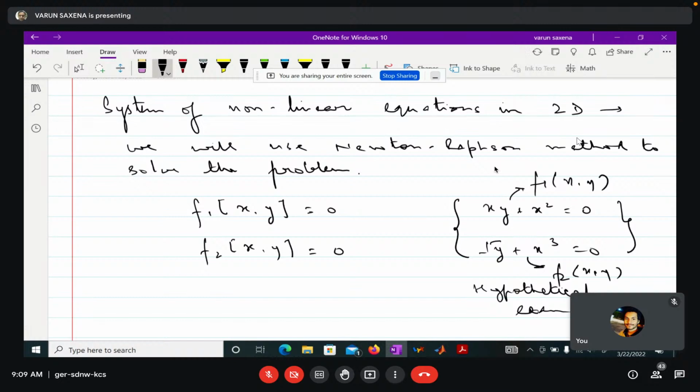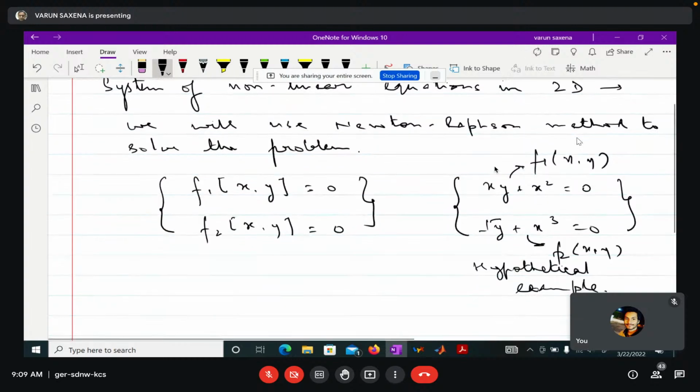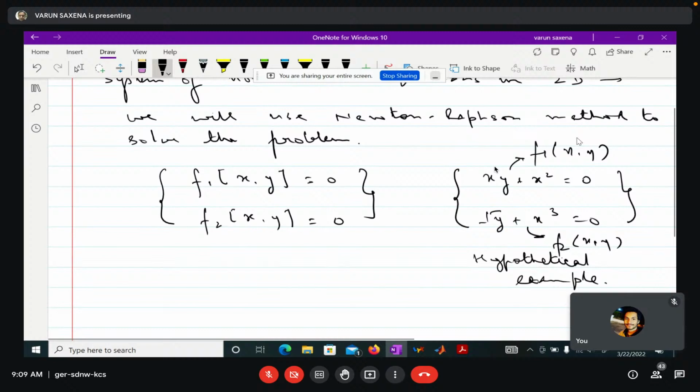Okay, so you'll be given these two, and you would have to find an approximate solution to this problem, which means you have to find the values of x and y that will simultaneously satisfy both. So basically, you're trying to look for some root xi and yi.